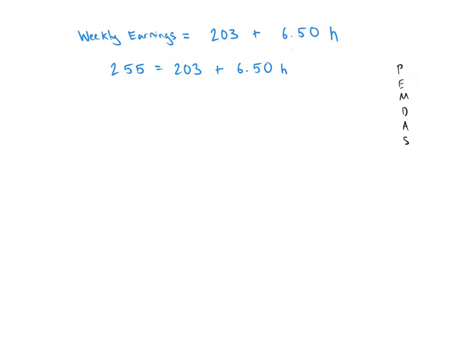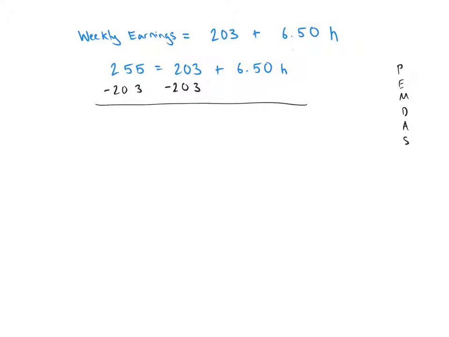So let's try to isolate this variable H. We want to isolate this guy. So the first thing we do is addition or subtraction. Well, in this case, we have something that we can subtract from both sides. Let's subtract 203 from this side and subtract 203 from that side.